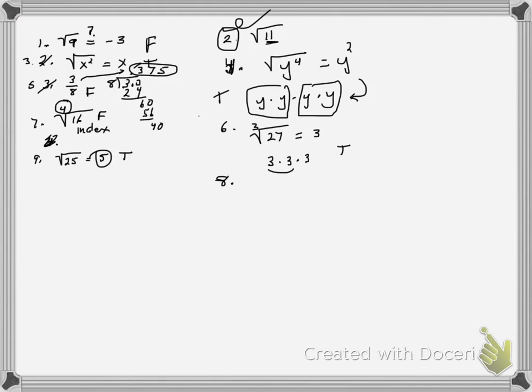And finally, 2 more. Number 8, all positive numbers have 2 square roots. That's true. I forgot to make that distinction earlier because I didn't talk to you about the idea that we could not take a square root of a negative number. We'll visit back to that in a minute.